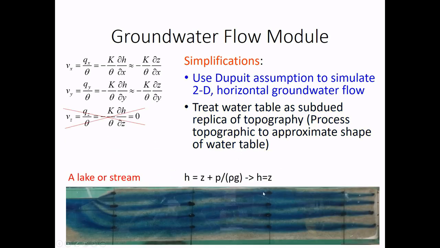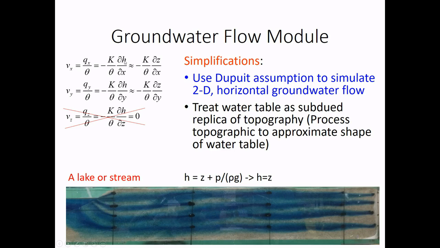So here there's another thing I should have mentioned. By the Dupuit assumption, we said the hydraulic head in the vertical direction is a constant, right? And the water table has a very special feature. That means pressure is 0. It's just gauge pressure; it's not actually 0, it's just atmospheric pressure. If this gauge pressure is 0, that means hydraulic head is the same as elevation, right here. And then we can replace h, the hydraulic head, by the elevation.